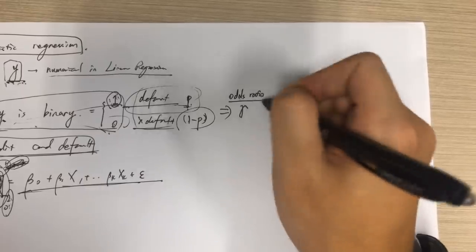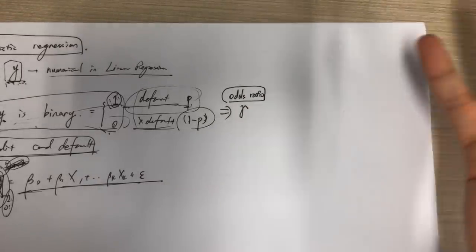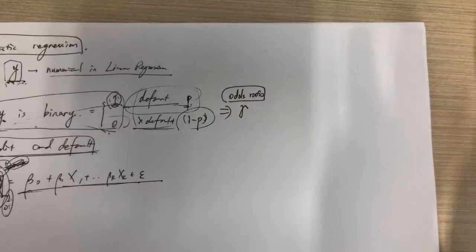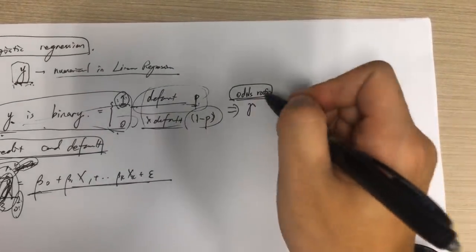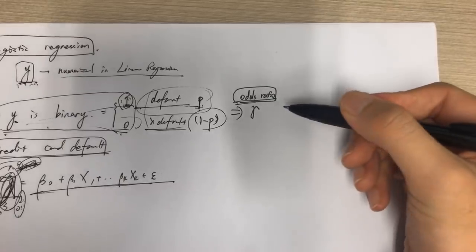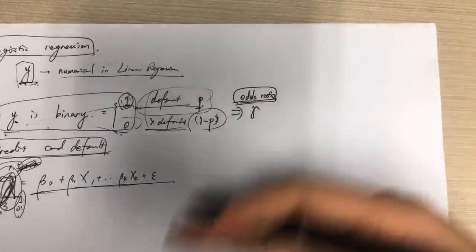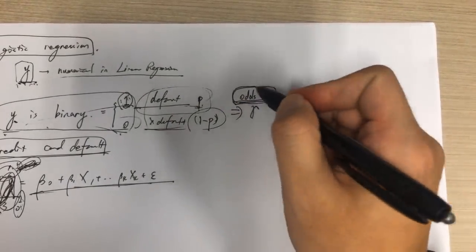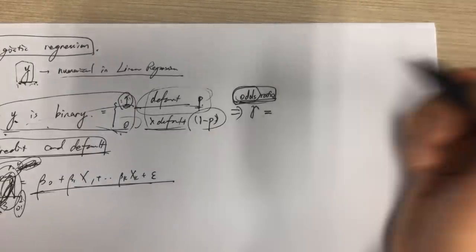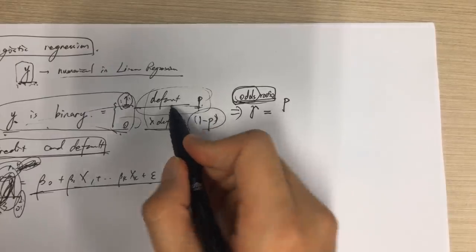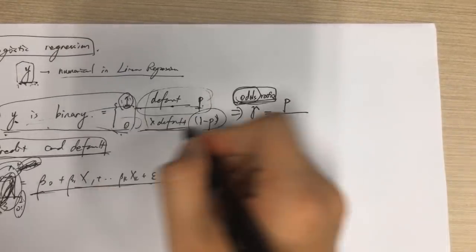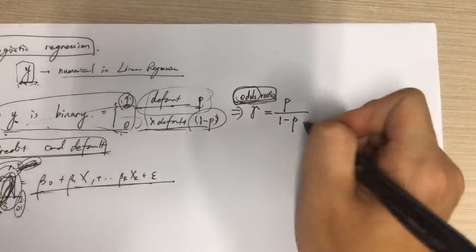If you have ever gambled, I never have, but if you go to any casino, there are odds ratios, right? And the money that you are paid will be based on those odds, right? So the odds ratio R is defined to be the probability of success or default divided by the probability of not success or not default.